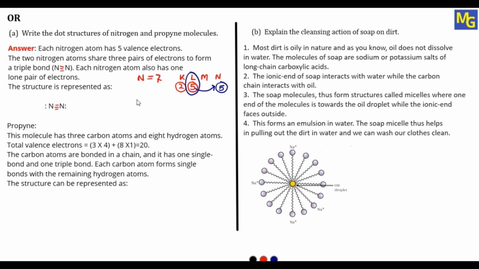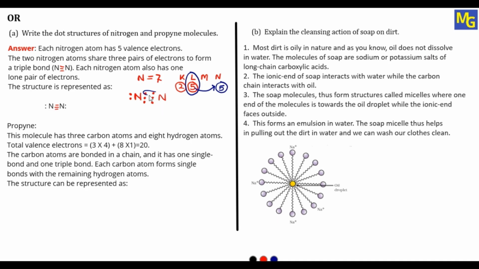If I write one nitrogen here and write its valency electrons 1, 2, 3, and the remaining 2 I will write at the side, because the 3 in the middle are going to be shared with the other nitrogen. So I'll write it here 3, and this is one more nitrogen. Now each electron will be shared with the other nitrogen.